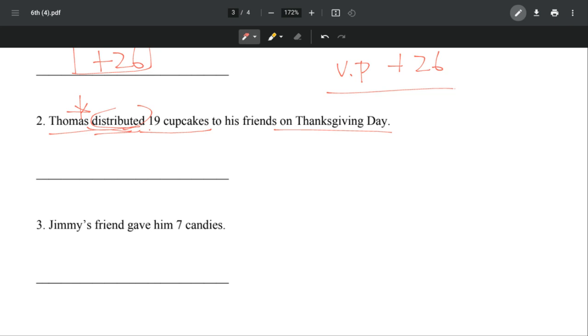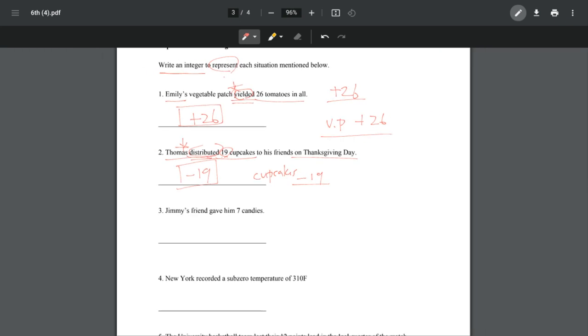And that means he gave, he shared 19 cupcakes. So that must be minus 19, right? From his total cupcakes. So that's minus 19.